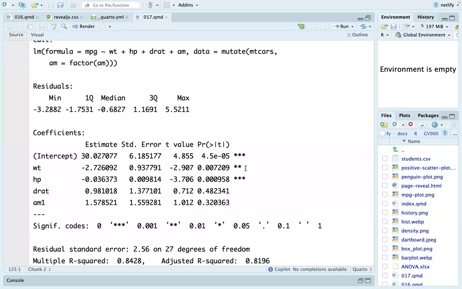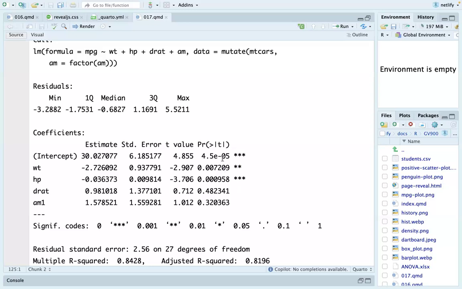So normally the star means significant. Here, 3 stars means the p-value is close to 0, 2 stars is less than 0.001, 1 star is less than 1%, and the small dot is less than 5%.